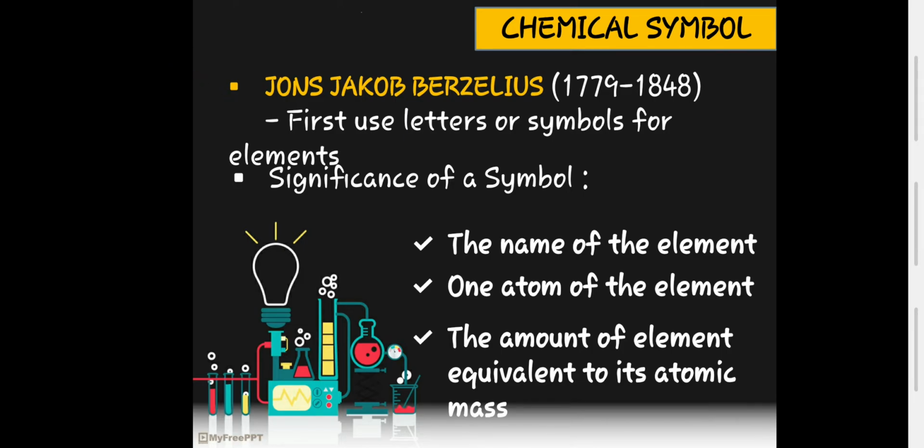That is the significance according to the discovery of John Jacob Berzelius. So always remember, guys, the scientists behind the discoveries of atoms and the periodic table. For the symbols of an element, we have John Jacob Berzelius, who lived from 1779 to 1848.